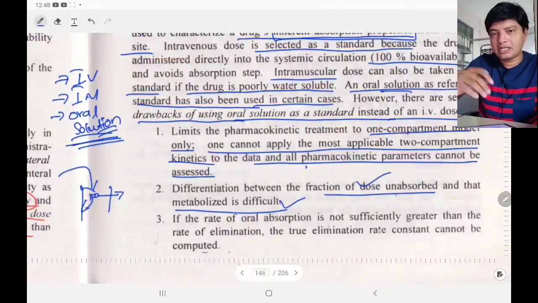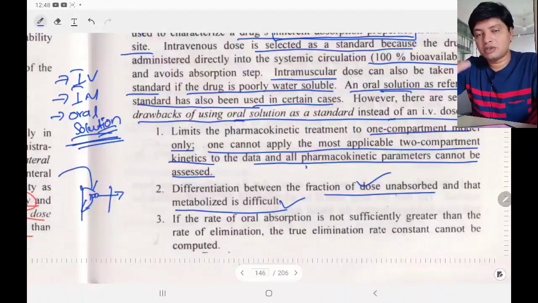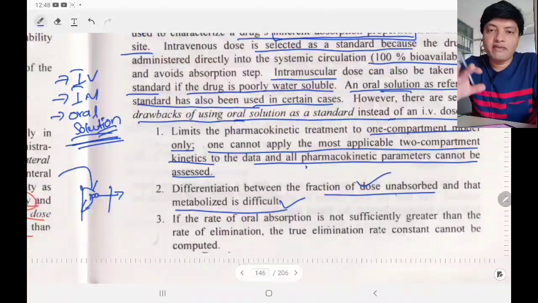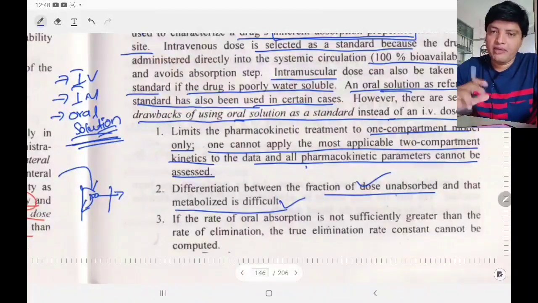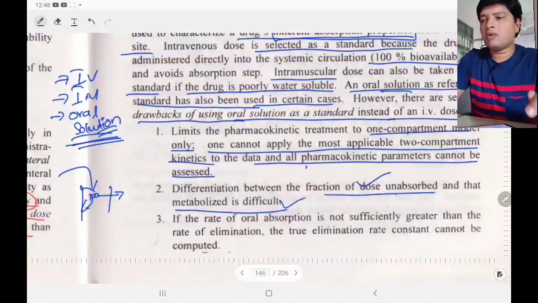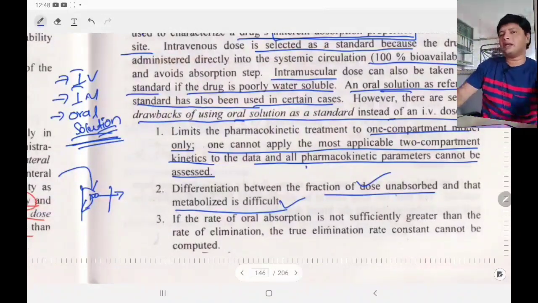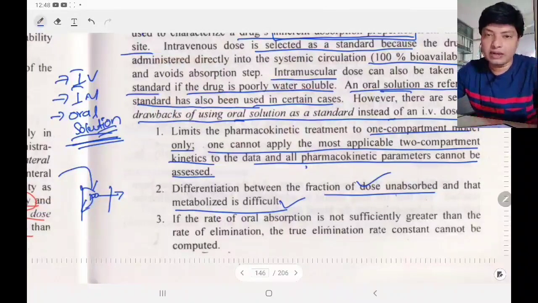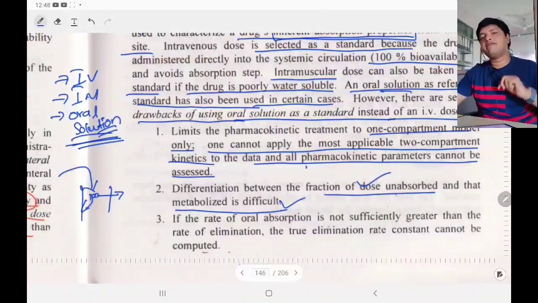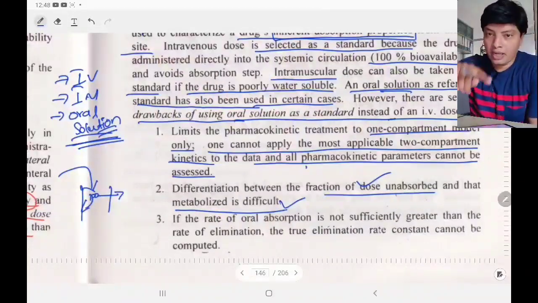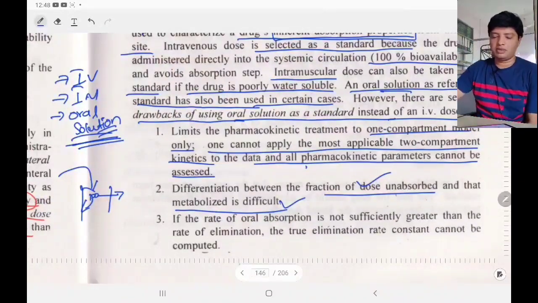To find out how much of the drug is absorbed and how much is metabolized is very difficult if you give the drug in oral solution form. If you give the drug IV, there is no metabolism, hence it is very clear that this much drug is there in the systemic circulation. If you want to take the oral solution as a standard, then there will be a differentiation problem between the metabolized drug and unabsorbed drug.